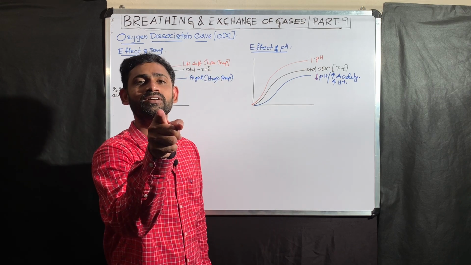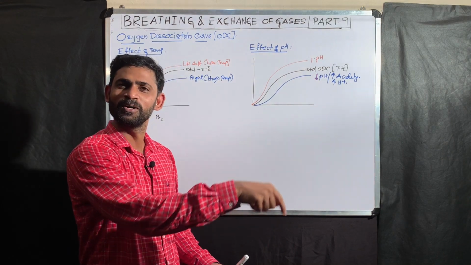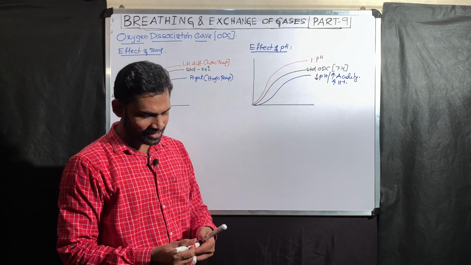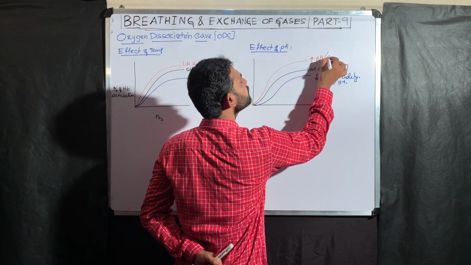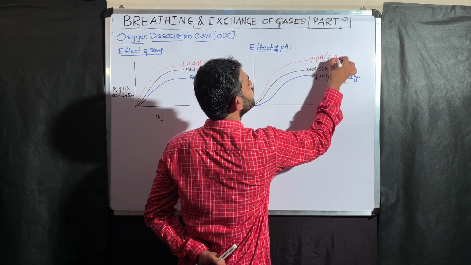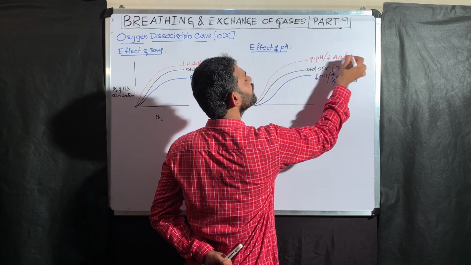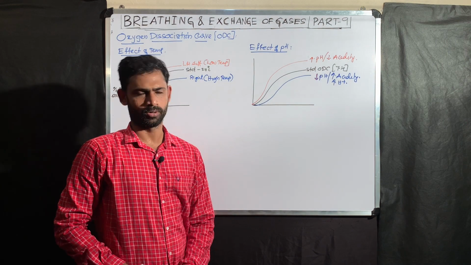Right side means what? Dissociation is only possible. The same thing in opposite, that is high pH. High pH means what? Low acidity, lower than the standard, that is 7.4.